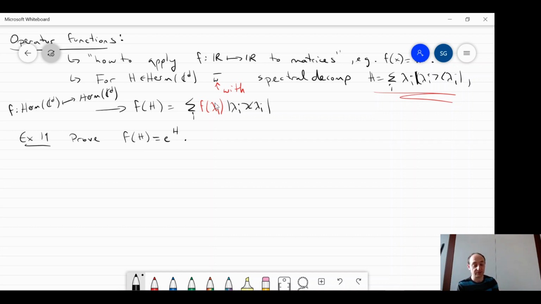So the real-valued version of the function is just the exponential. Prove that f of H is equal to e to the H, right? And what is e to the H? Well, I don't want to have to go through defining all this stuff again.